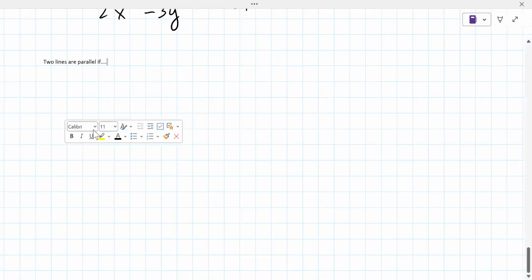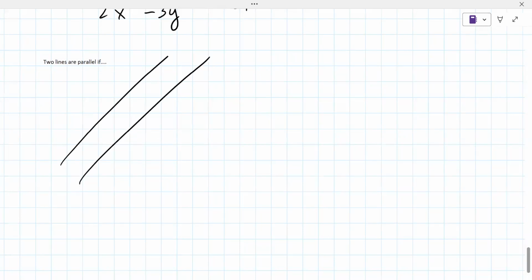Right. So graphically, they look like that, for example. They never intersect. You can think of two streets that never intersect. They have the same slope. Does that make sense? Yeah.